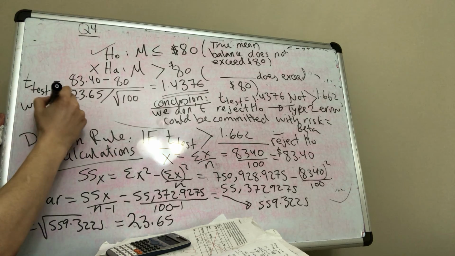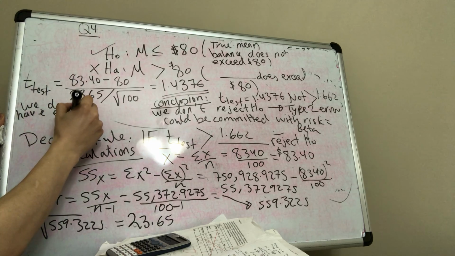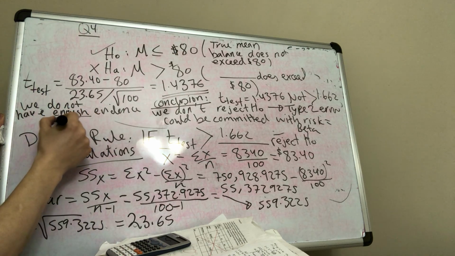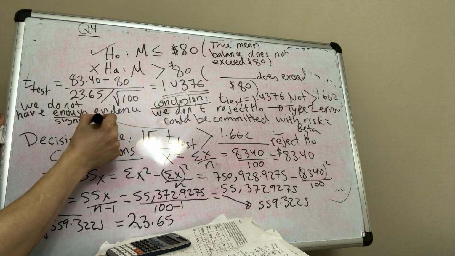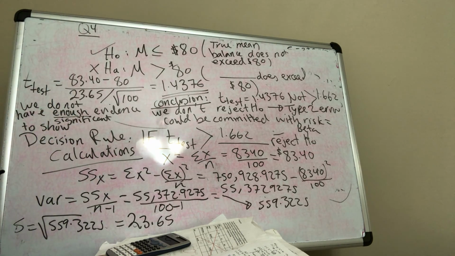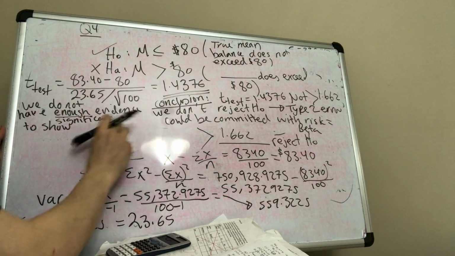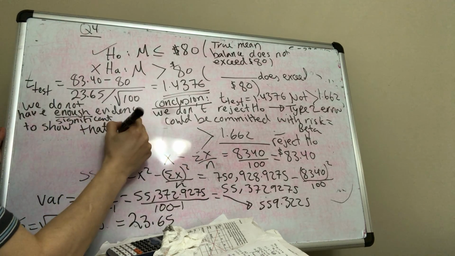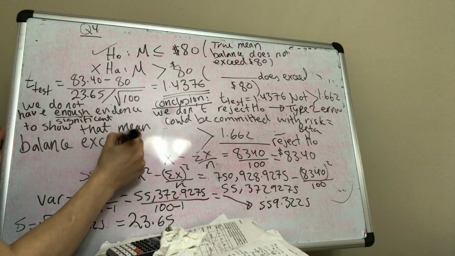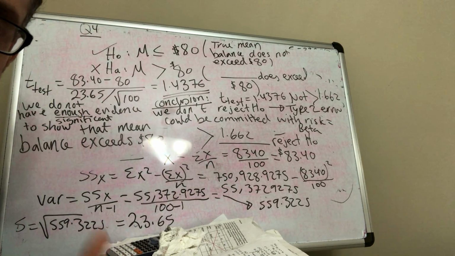So we do not have enough, or significant, evidence to show that the mean balance exceeds $80. There is no evidence of this. There is no evidence that it exceeds $80.